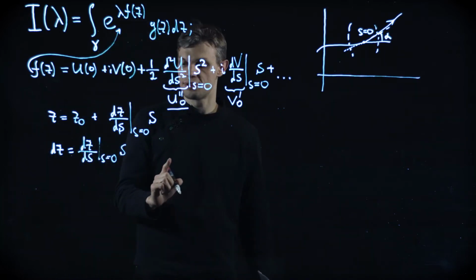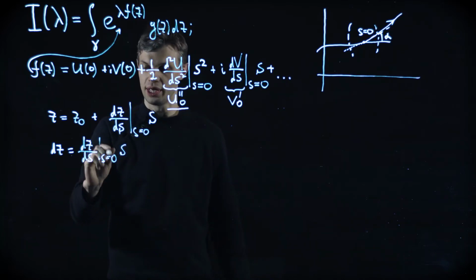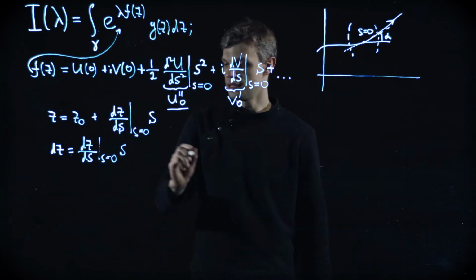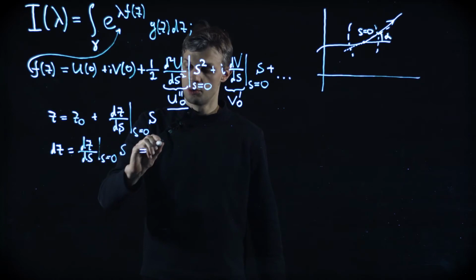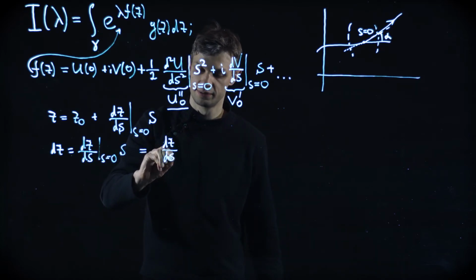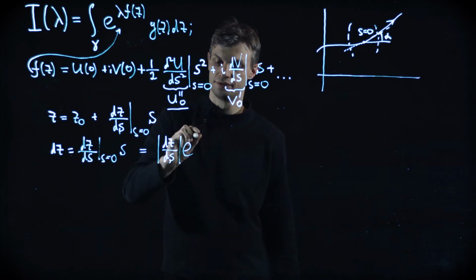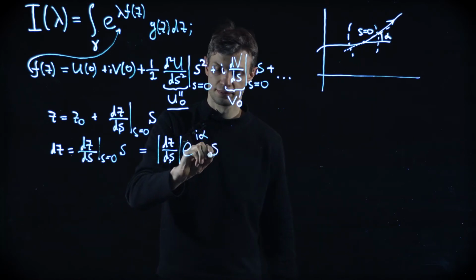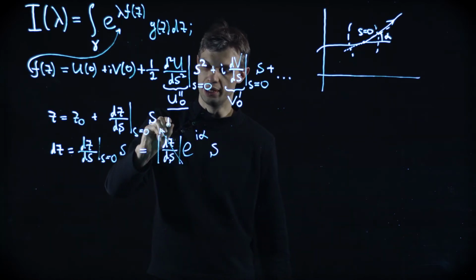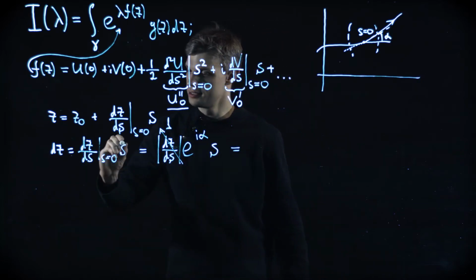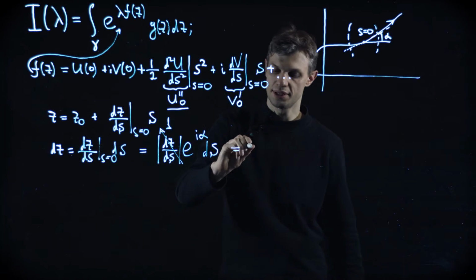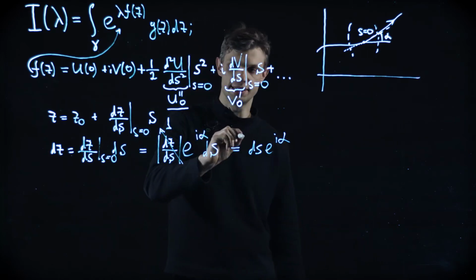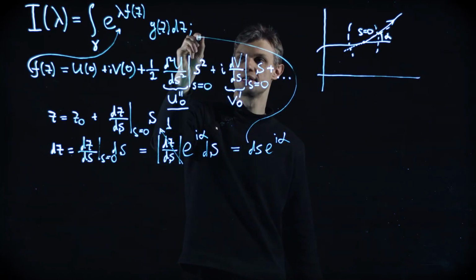As you remember, we introduced the parameterization in such a way that the modulus of this derivative is equal to 1, because s is the length of the curve. So we represent this derivative in the exponential form, e to the i alpha, where alpha is the slope of this line, and the modulus is 1. So here is our change of variables. We plug it in here.